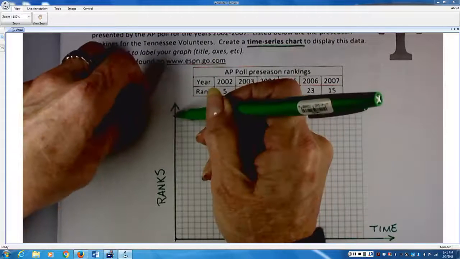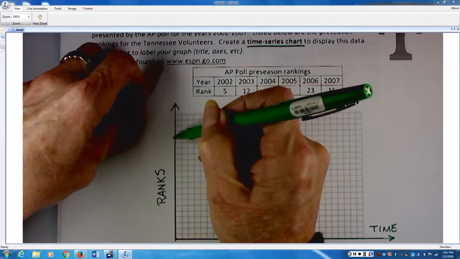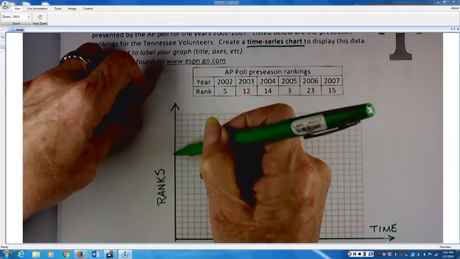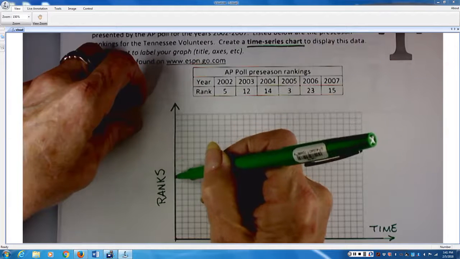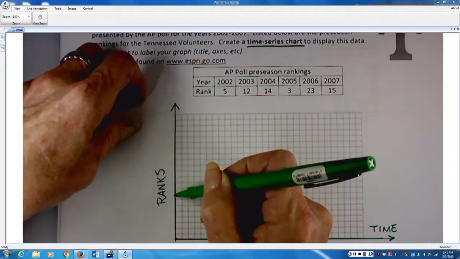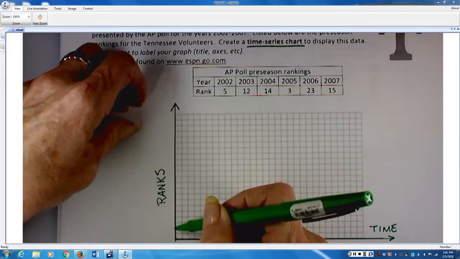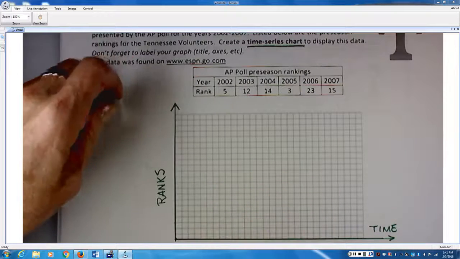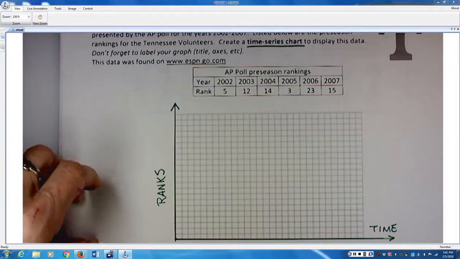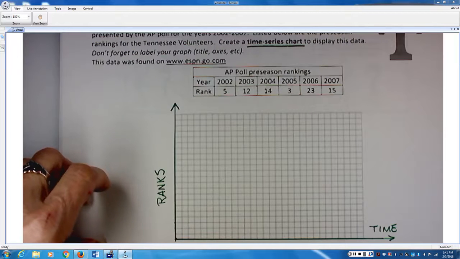So if this was 25, 24, 23, 22, 21, 20, 19, 18, 17, 16, 15, 14, 13, 12, 11, 10, 9, 8, 7, 6, 5, 4. If I do it that way, I'm barely going to have enough to be able to do this.